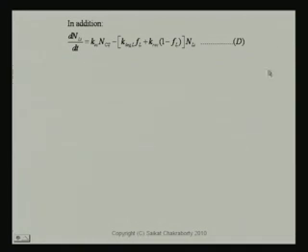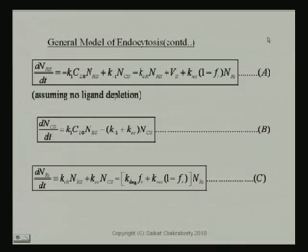Now, if we want to study the dynamics of the process, we simply go and simulate it. As you can see over here, the solution of this is not as easy as the solutions before, and we have already made the assumption that ligand depletion does not occur, but still the solution is not as simple. The reason being that the entire system is coupled.